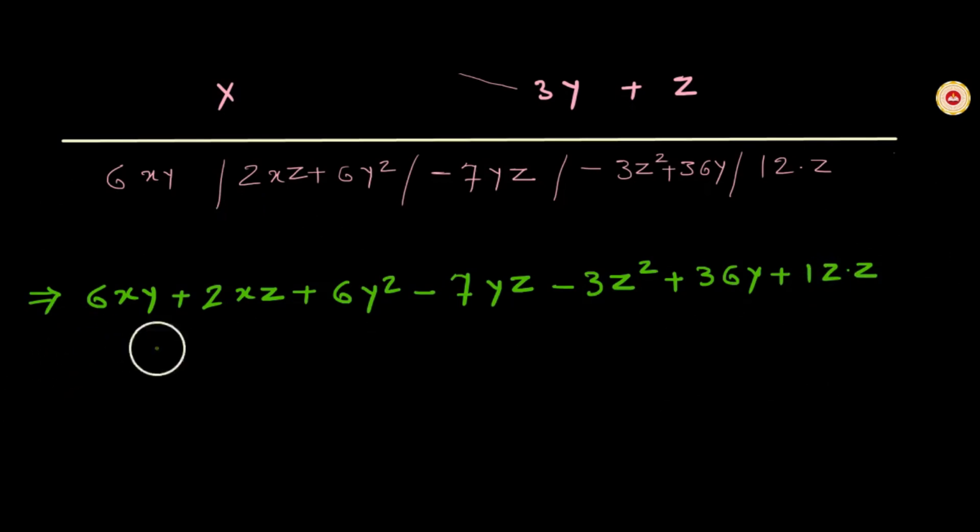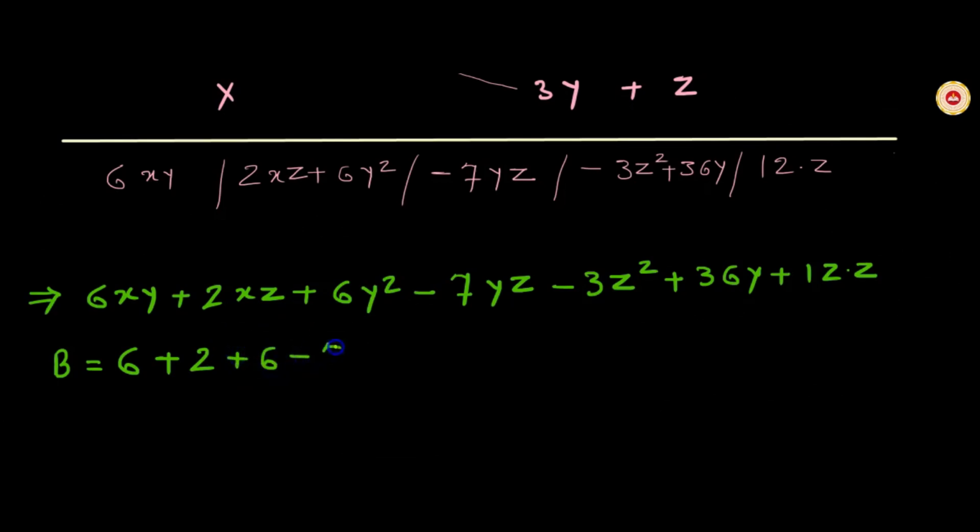Let us calculate the Bijank of this expression. To calculate Bijank, first write the coefficients of these terms. Coefficient of xy is 6, coefficient of xz is 2, coefficient of y squared is 6.